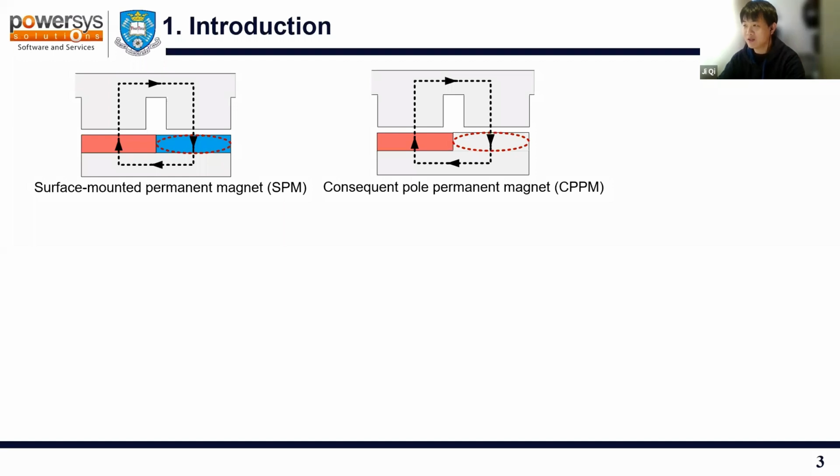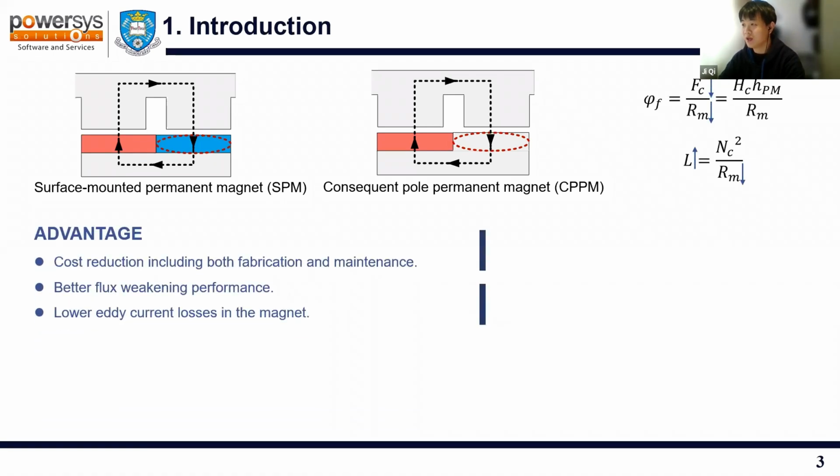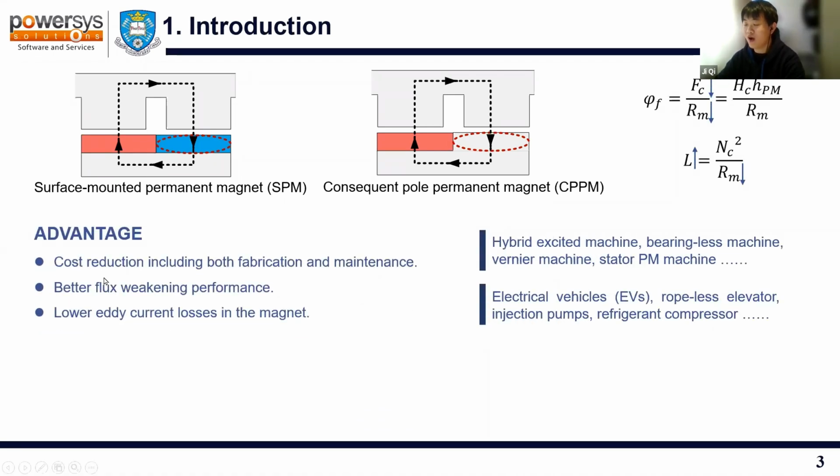In the flux path, it is clear that the magnet potential is halved, but the magnet reluctance is also almost halved. That means the flux linkage can be almost the same. So that's why it can maintain almost the same average torque, while having the advantage of cost reduction, including both fabrication and maintenance.